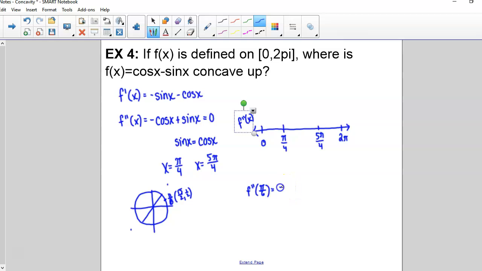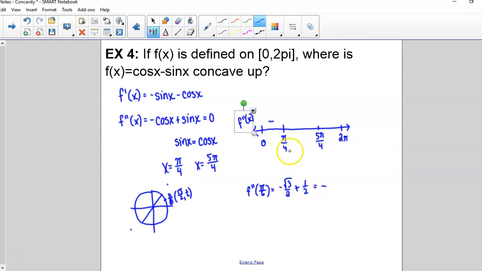Cosine's the x coordinate, so negative square root of 3 over 2 plus sine, which would be 1/2. Doesn't matter what number that is, is it positive or negative? It is going to be negative because square root of 3 is larger than 1, right? Because square root of 3 would be close to 2, right? So we get a negative here.